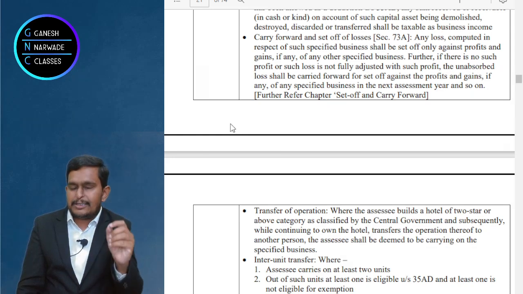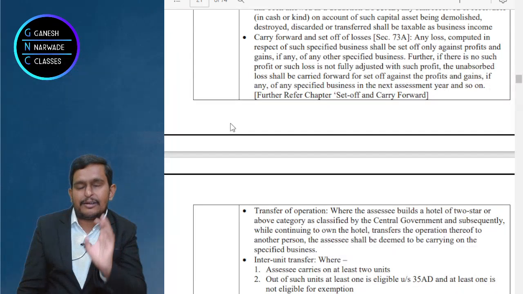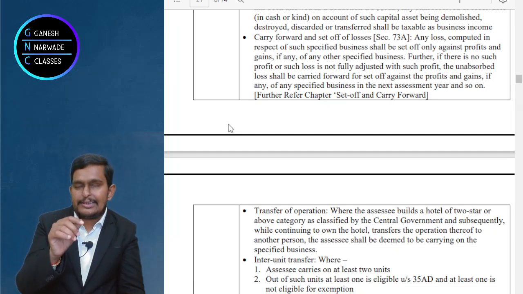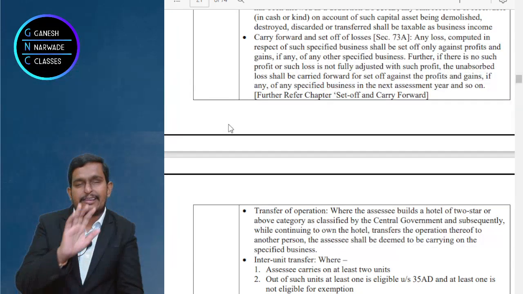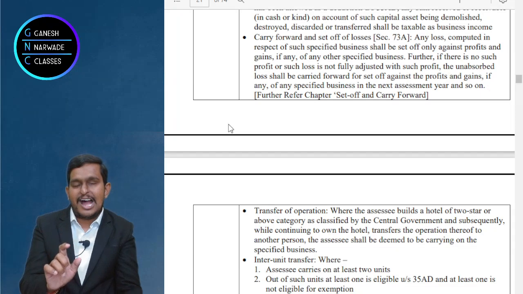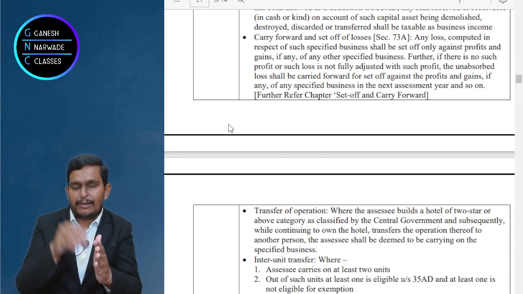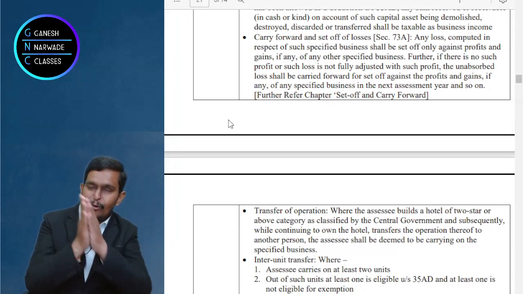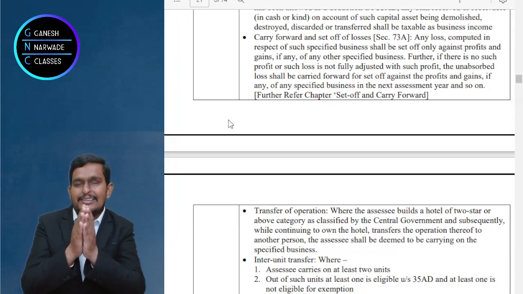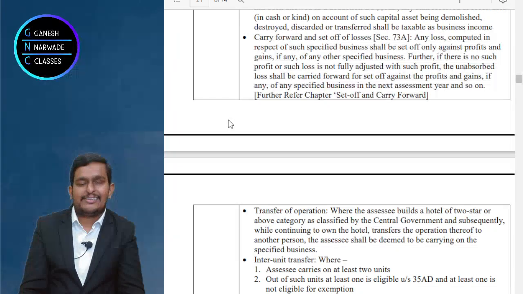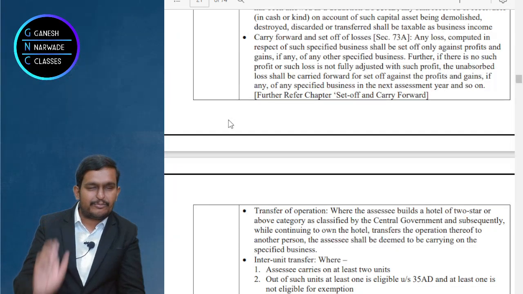From that profit also you can deduct. So it is not that only from newly started specified business income you can deduct the expenditure, nothing like that. If it is a specified business, whether it started after the date of applicability of this section or before the applicability of this section, it doesn't matter. Is the business specified? Yes. If yes, then you can claim the deduction.